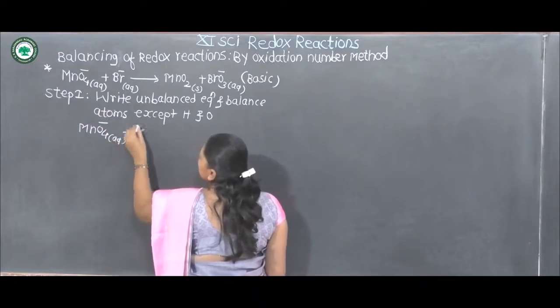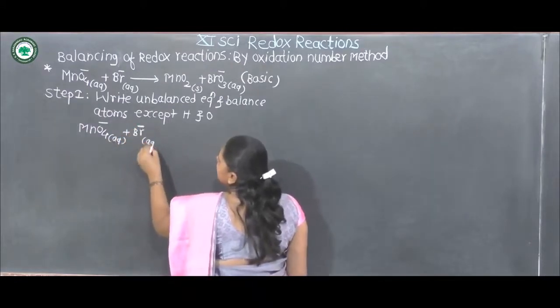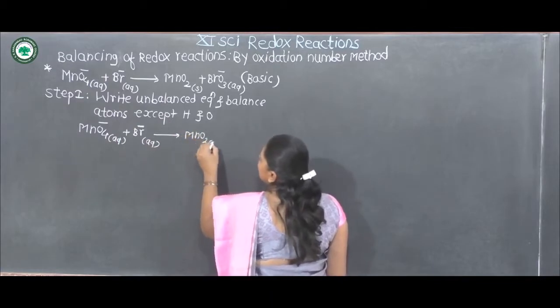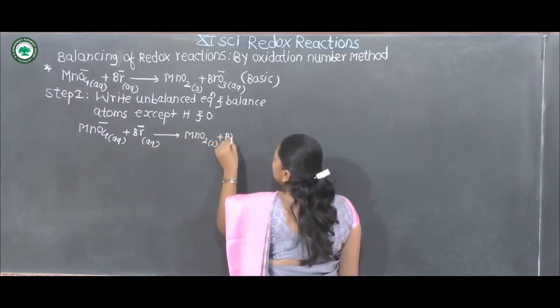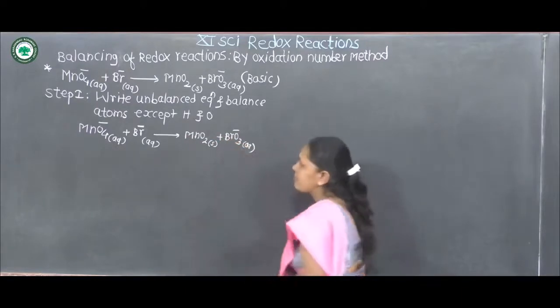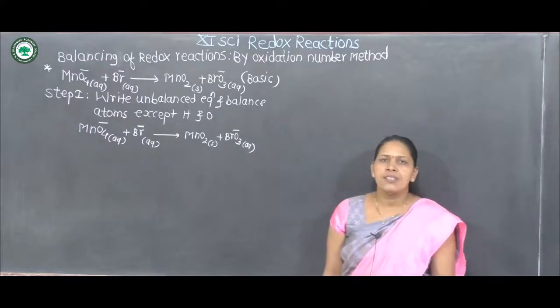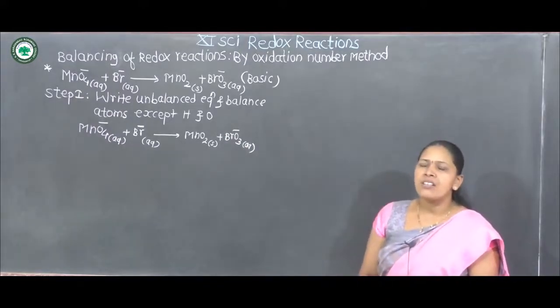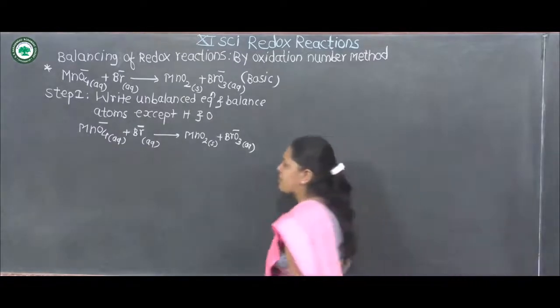MnO4 minus plus Br minus, it gives MnO2 solid plus BrO3 minus aqueous. Then the second step is to assign oxidation number of all atoms in the reactants and products.